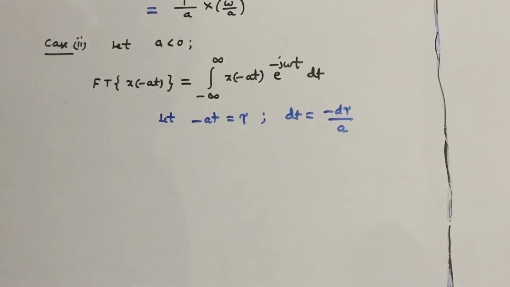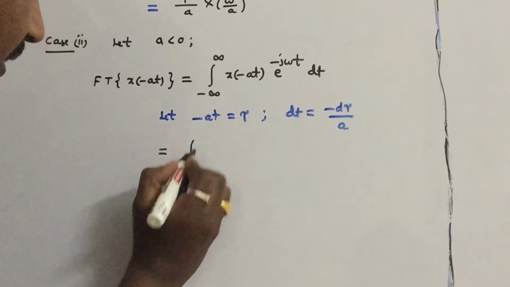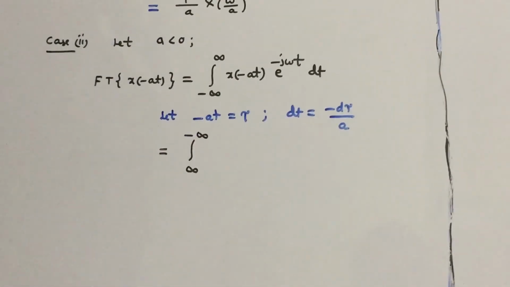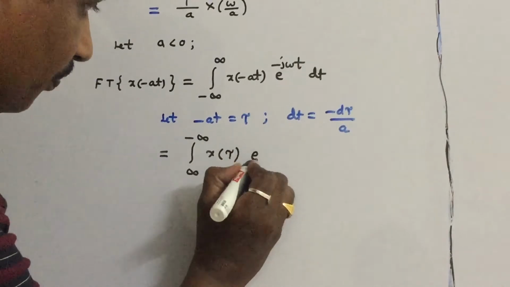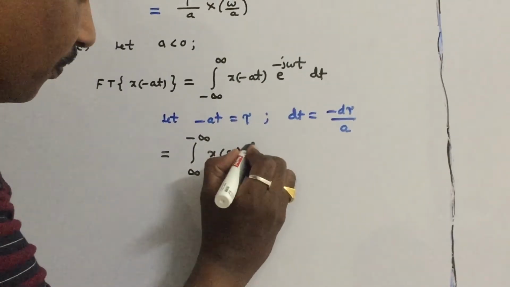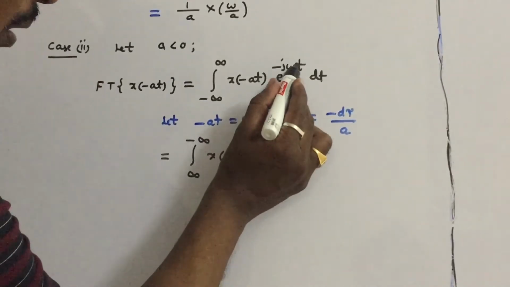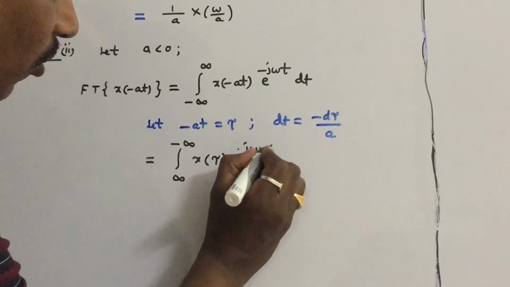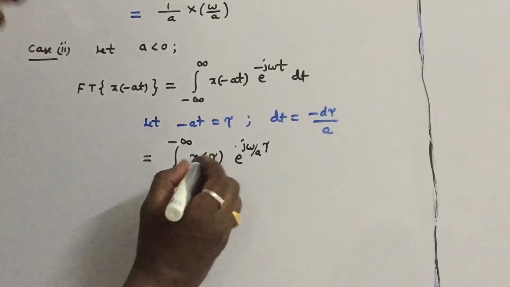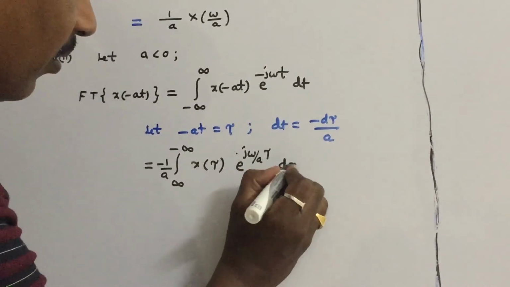You can check that the limits will change from infinity to minus infinity. It is written as x of tau e power j omega, in place of t substitute minus tau by a; minus into minus will become plus, omega by a into tau. So dt is replaced by minus 1 by a d tau, write it outside.